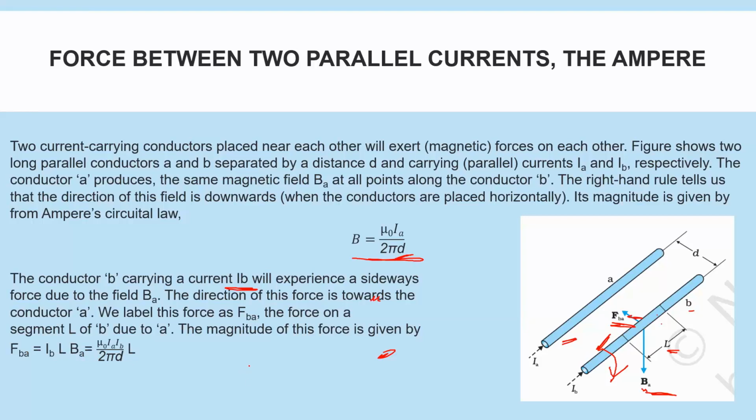If you remember, we had seen that F equals I L B. We had seen this in the previous class, so using the same thing, we are now putting in the values of B. Over here, mu 0 IA, this we get from the B over here, and then you have IB upon 2 pi d, and L. L is the length of the segment that we are considering.